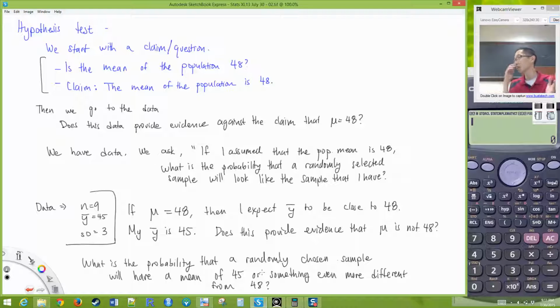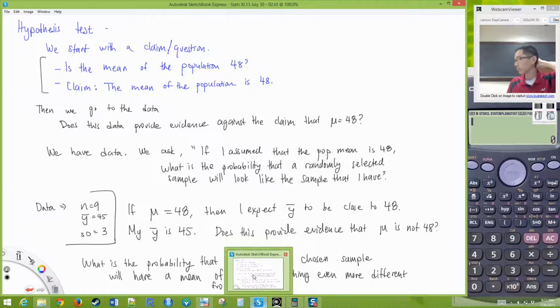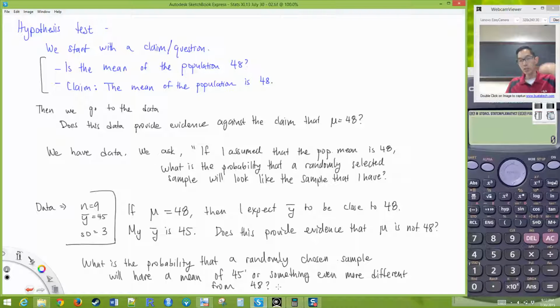That's very unlikely, but possible. You can flip a coin 100 times and it lands tails all 100 times. Incredibly unlikely, but technically possible. We want to know, how likely are we to get 45 if the mean is actually 48? If it turns out to be quite likely, then we've got no reason to doubt 48. If it turns out to be quite rare, then we would have reason to doubt 48.